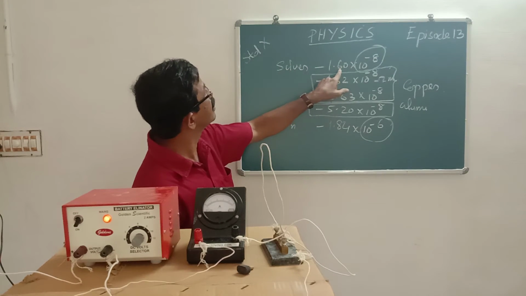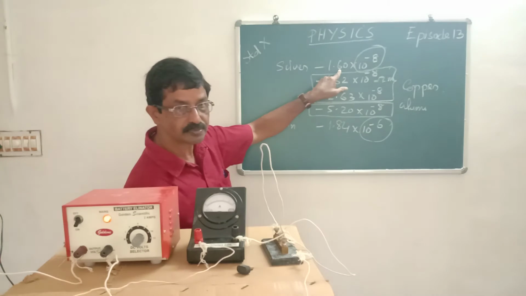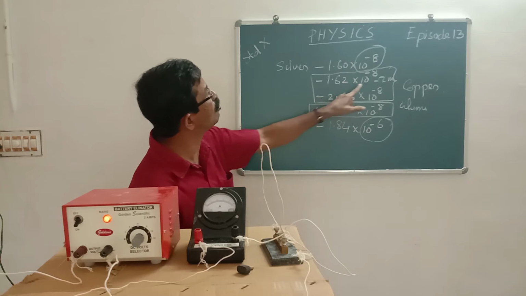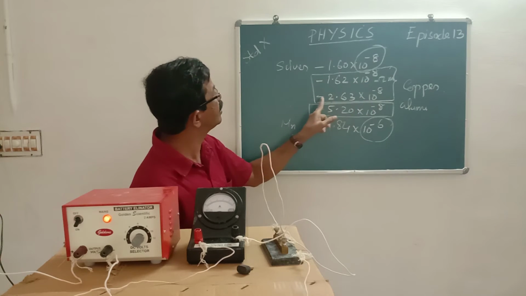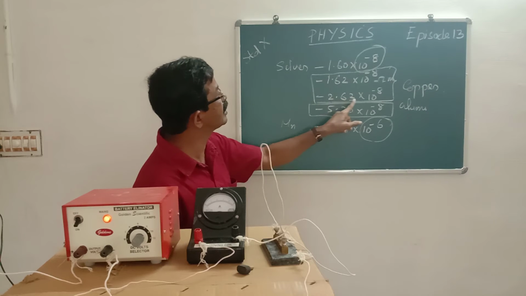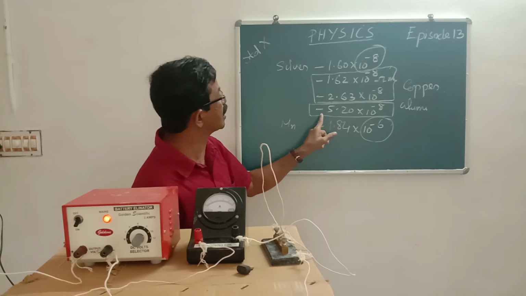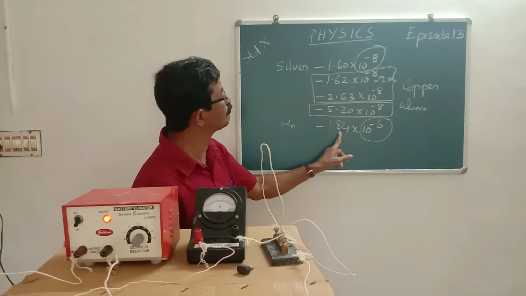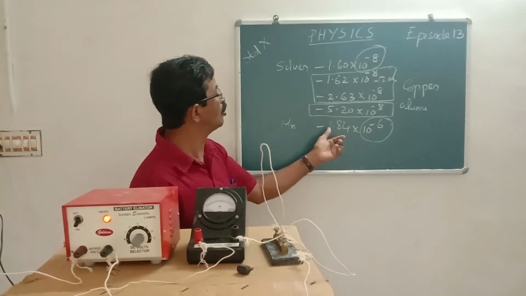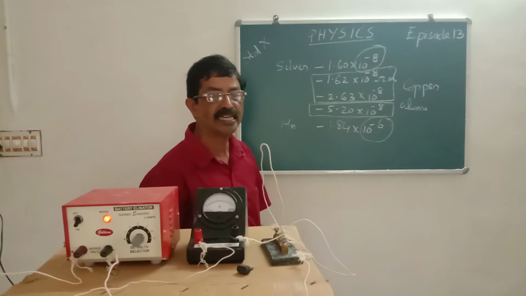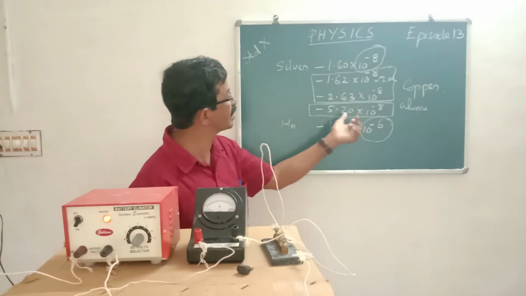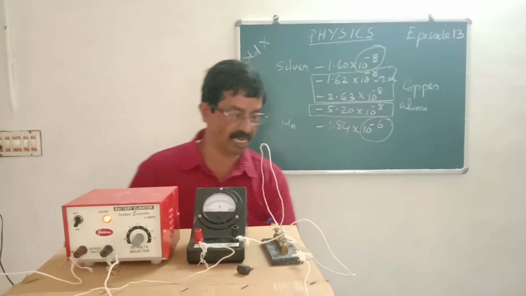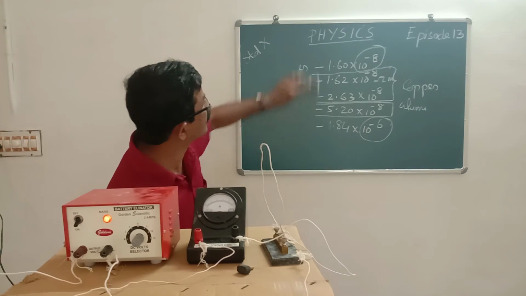Now, silver has the lowest resistivity, and copper's resistivity is a little bit more than that of silver, and then aluminum again increases a little bit more. Then for manganese, how much is it? 1.84 into 10 raised to minus 6 is for manganese. These are the resistivities of certain metals.